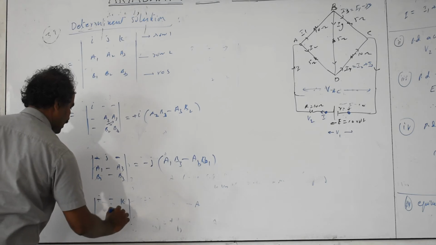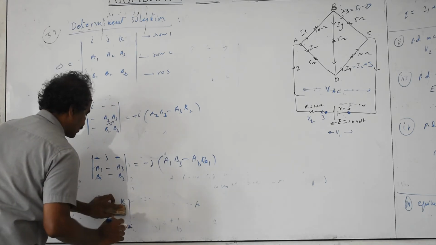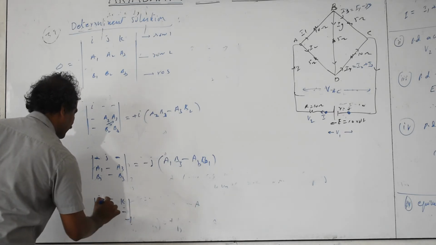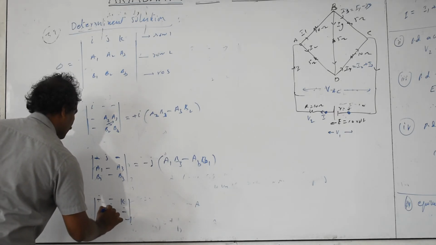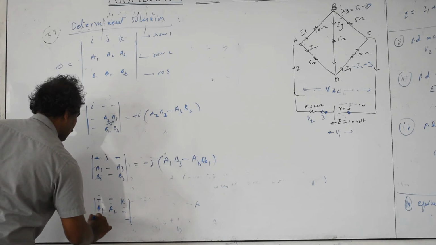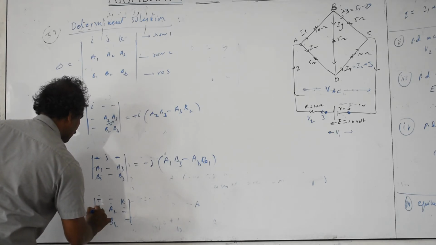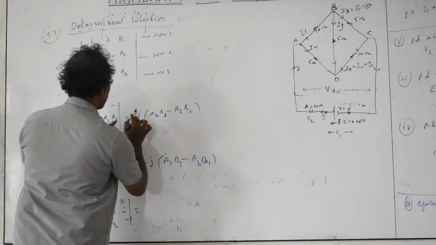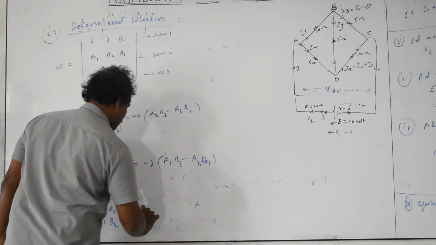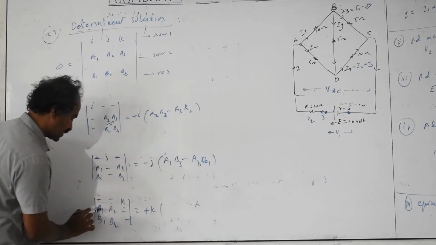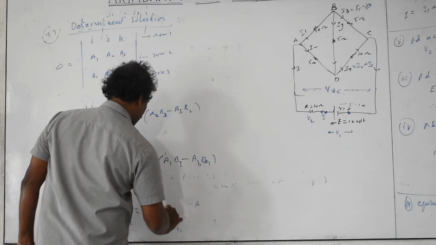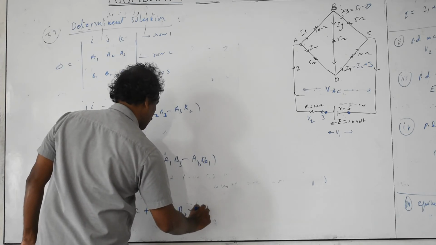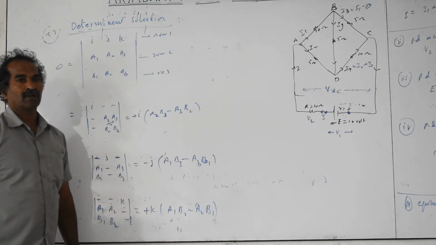Point k below this that you are multiplying, and this is nothing but a2, a1, b1, b2, which is nothing but equal to plus, minus, plus k into (a1 b2 minus a2 b1). This is supposed to be a2.